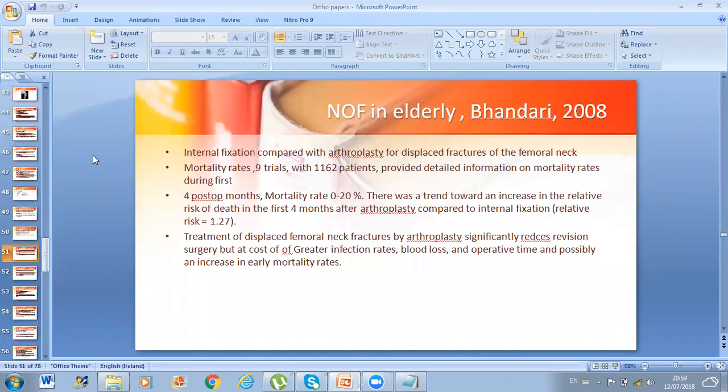There was a trend towards an increase in relative risk in the first 4 months after arthroplasty compared to internal fixation. Treatment of displaced femoral neck fractures by arthroplasty significantly reduces revision surgery, but at the cost of greater infection rate, blood loss, and operative time, and possibly an increase in early mortality. So these patients are also high risk for mortality.